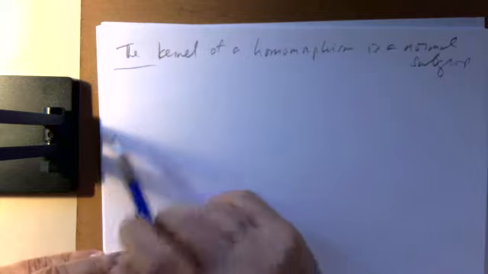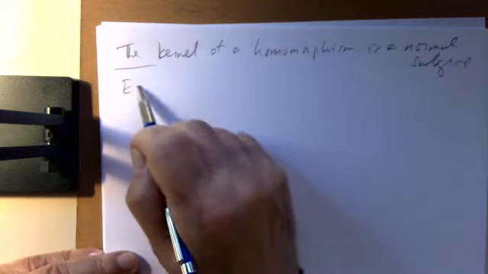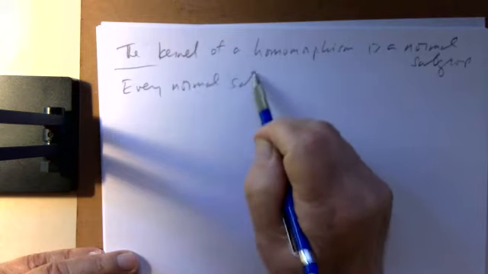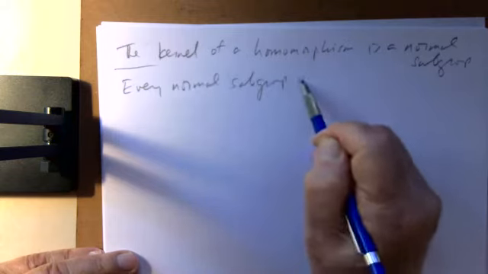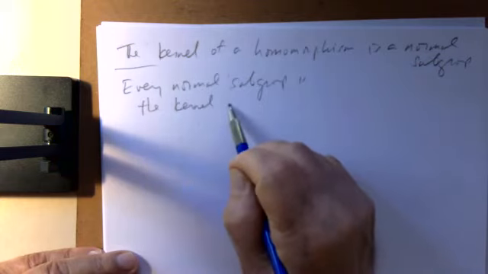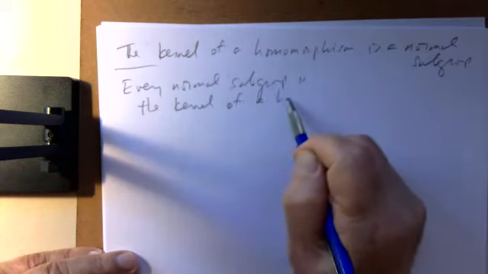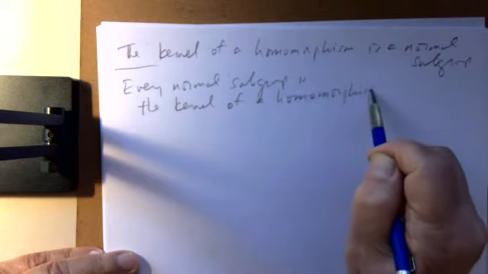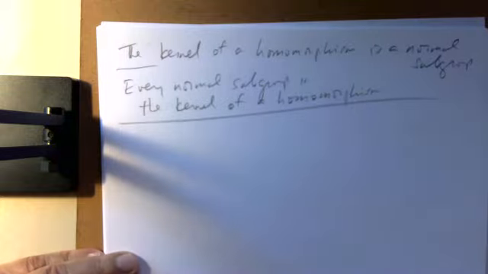And the converse is also true. Every normal subgroup is the kernel of a homomorphism.